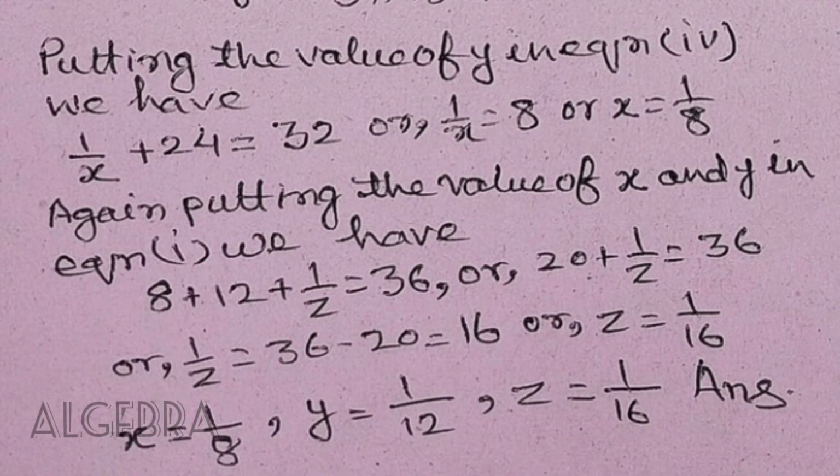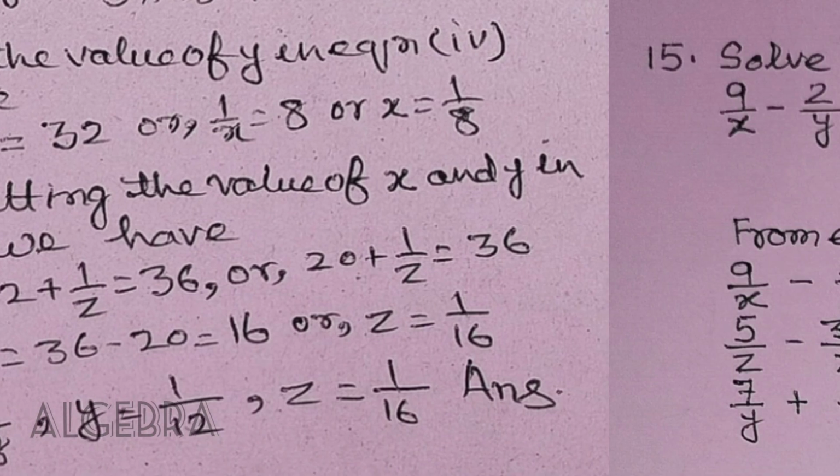Again, putting the values of x and y in equation 1, we have 8 + 12 + 1/z = 36, or 20 + 1/z = 36, or 1/z = 36 - 20 = 16, or z = 1/16. So x = 1/8, y = 1/12, and z = 1/16. Answer.